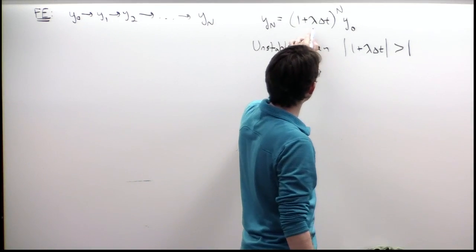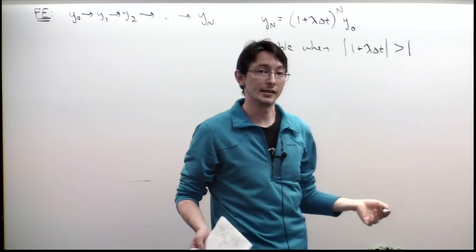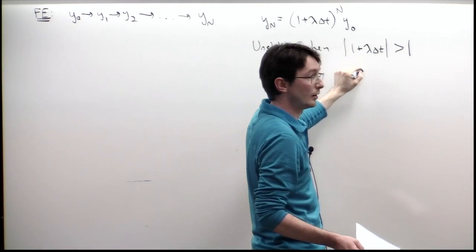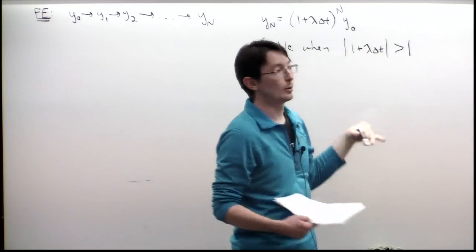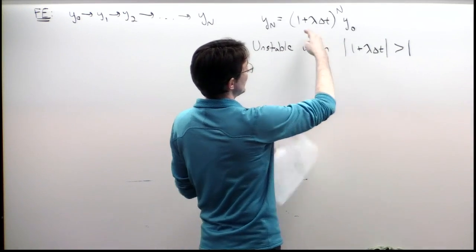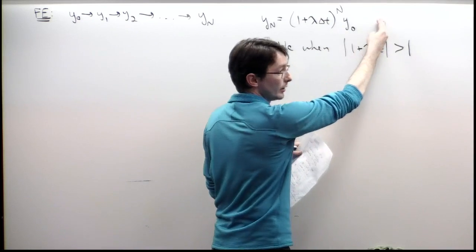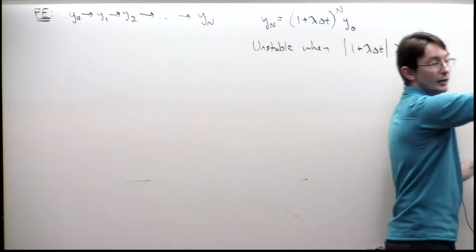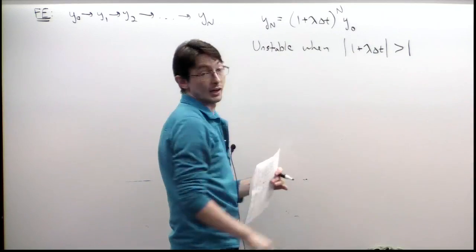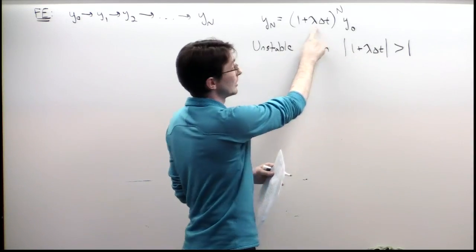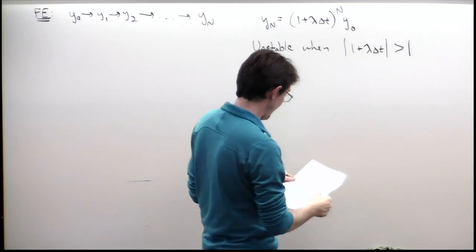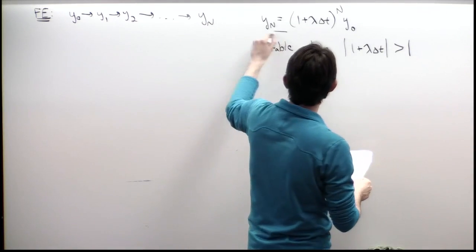So minus 100 times 0.1 is minus 10, and 1 minus 10 is negative 9, and the absolute value of negative 9 is 9. So this magnitude will become 9, then 81, then 81 times 9 times 9. It's going to get bigger and bigger, and this will be unstable, even though our lambda was very negative, and the system should, in fact, be quite stable. So this is unstable when.